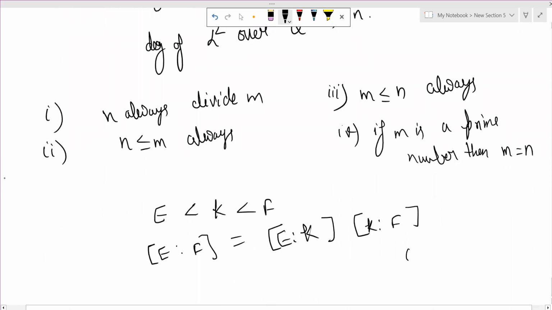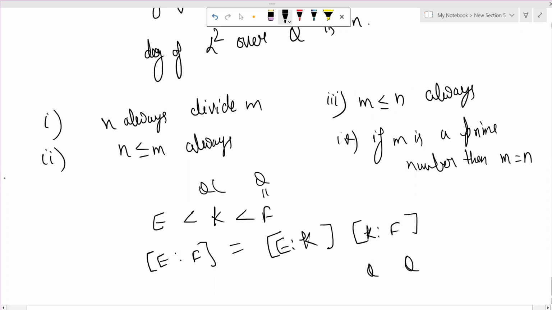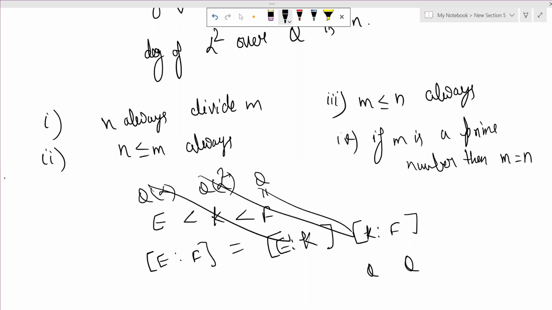F is Q in your case, right? K is Q(alpha). So suppose F is Q. This is your smallest field containing alpha, right? The degree is that of the minimal polynomial, the degree of the extension Q(alpha) over Q basically. And Q(alpha square) sits inside Q(alpha).